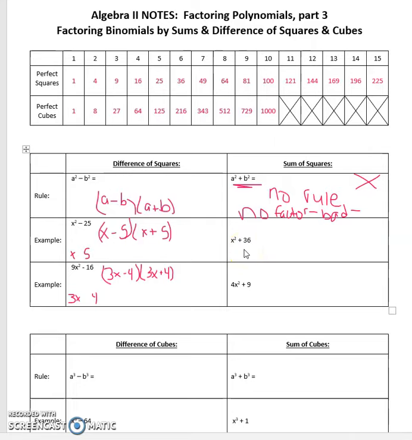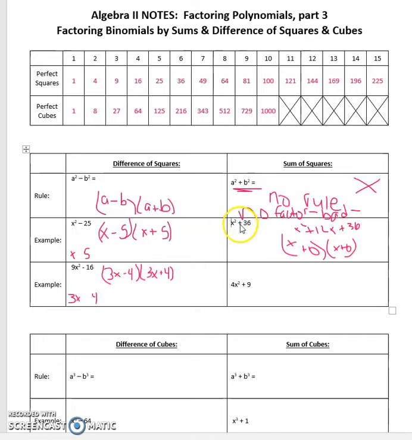It doesn't work because if you tried, let's say x plus 6 times x plus 6, and followed the rule, what about our middle term? This would be x squared plus 12x plus 36.